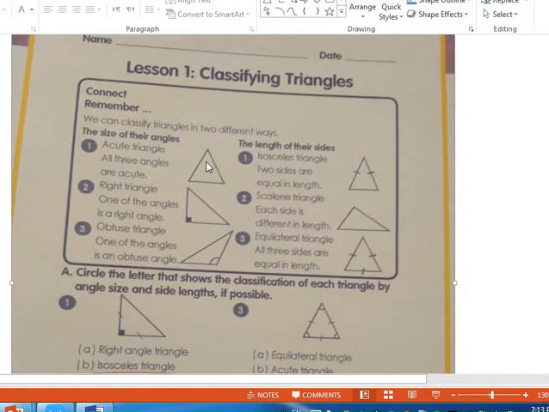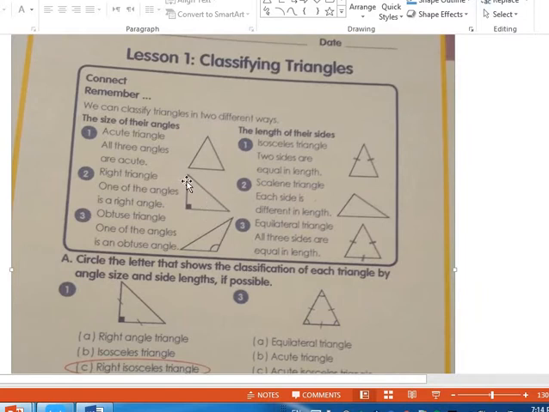If you use your protractor, you will see that all their angles are less than 90 degrees. In the right triangle, one of the angles is 90 degrees, and the other two are acute, because the sum of them will be 90 degrees. The total sum of angles of any triangle equals 180. This is very important. And in an obtuse triangle, one of the angles is obtuse and the others are acute.